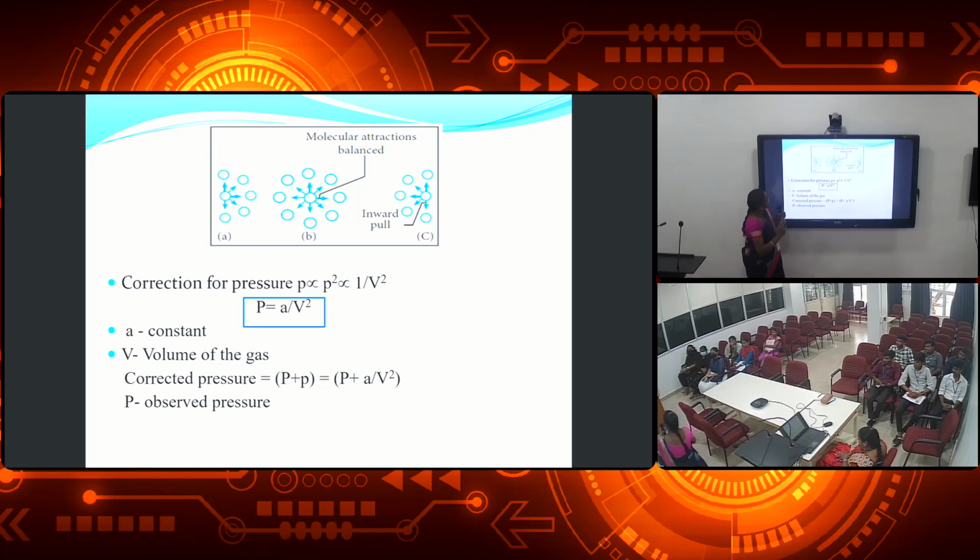Then some of the molecules can hit the walls of the vessel with less force. Why less force? All the other molecules attract the molecule inwards. They pull the molecules inward, so the force is less. Inside, the total cohesive force would be 0. Then the other molecules hit the walls of the container with less force. Why?